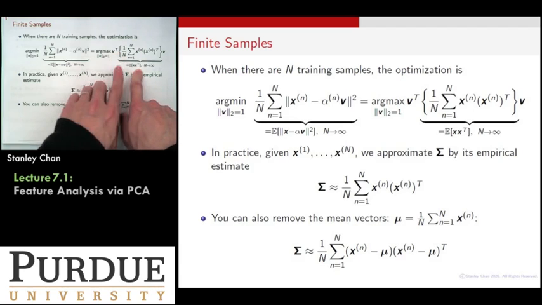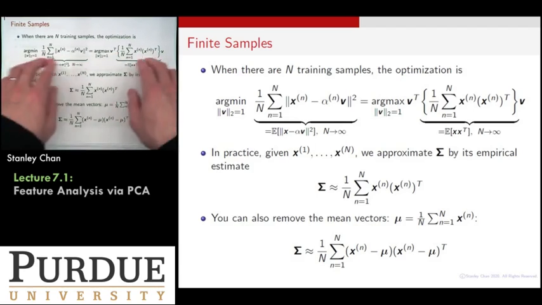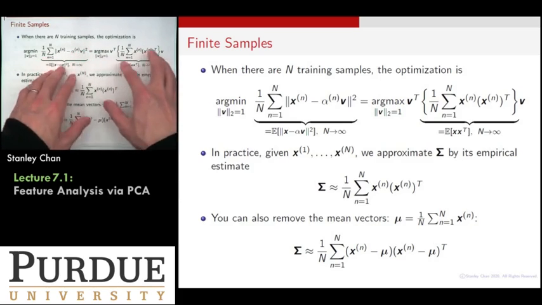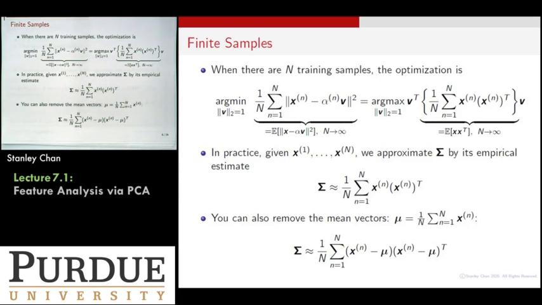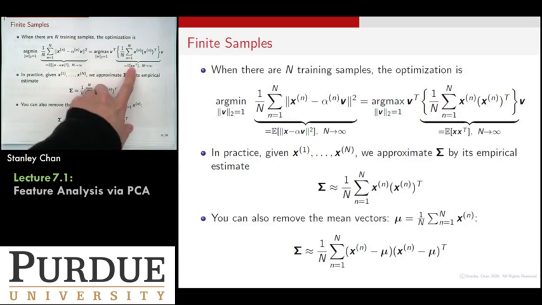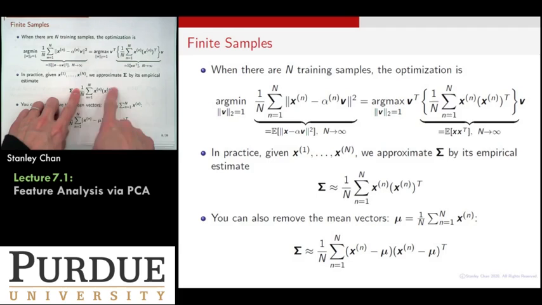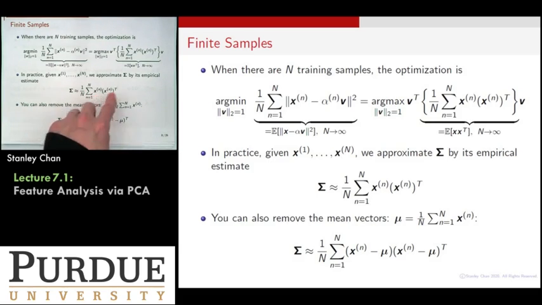All right? Okay, so the reason why we want to study this extremely simple problem is that it's extendable to many, many data points. I give you many, many data points. I want you to find one direction. That will be the solution, is to solve this eigenvalue system. In practice, of course, you do not have access to this expectation of X transpose. So what you do is that you calculate this empirical covariance and treat it as the covariance, and then you find the eigen decomposition of that, and you use the eigenvalues and eigenvectors there as your principal components.